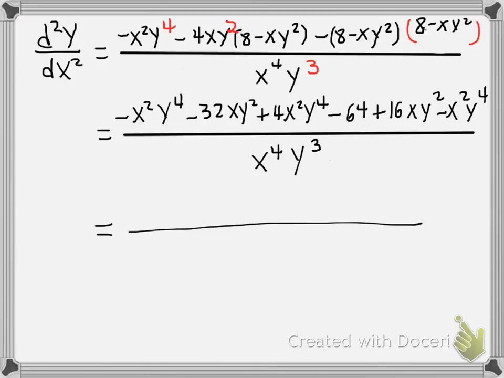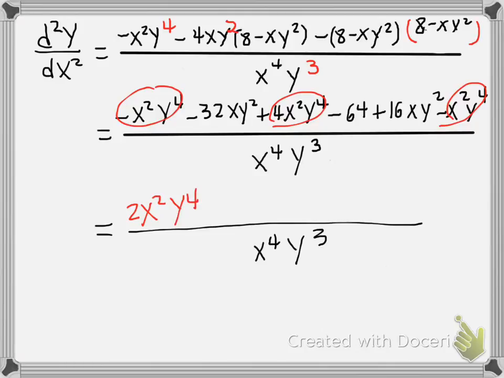Finally, we combine like terms. Minus x squared times y to the 4th plus 4x squared y to the 4th. So right here, here, and here we combine the like terms to get 2x squared y to the 4th power.